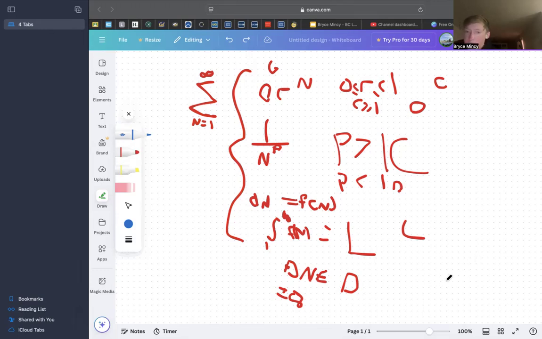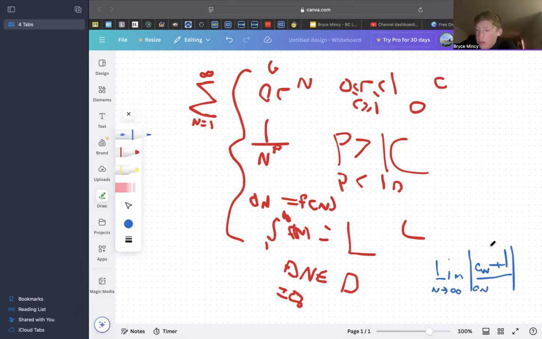Ratio test is when you're going to get the limit as n goes to infinity of the absolute value of a over n plus 1 over a over n.